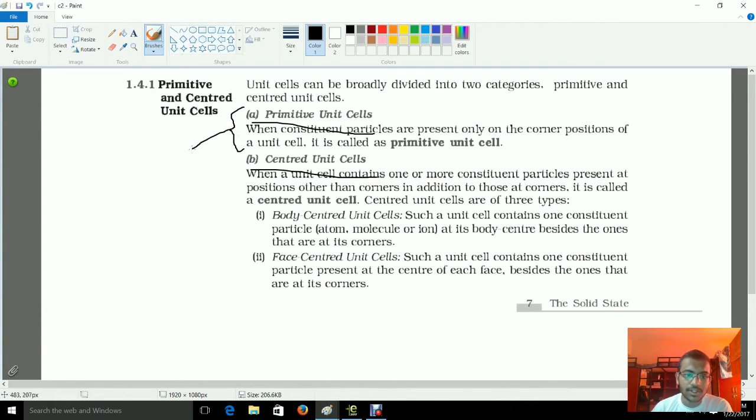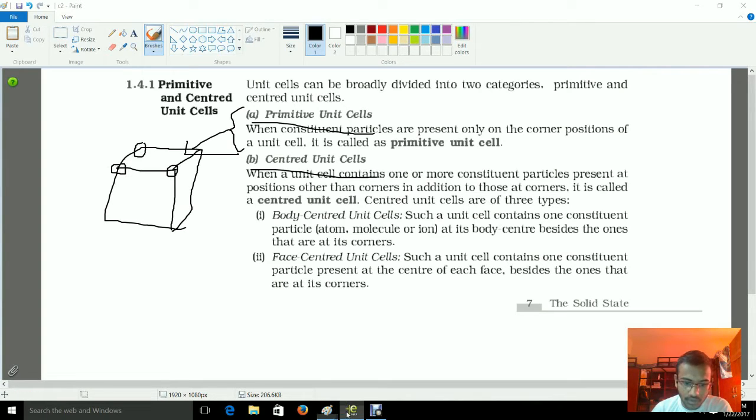In this primitive unit cell there is only one concept, the cubic primitive unit cell, which will look like a simple cube. Pardon my drawing, but it will just look like a simple cube. The atoms on this cube will be arranged on 8 corners as shown.